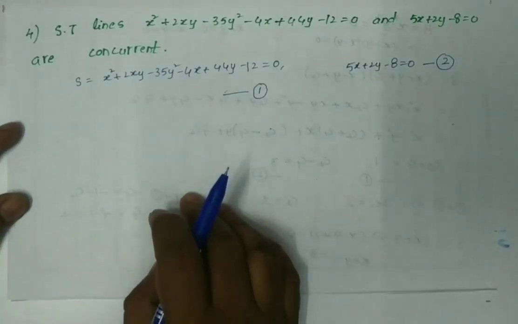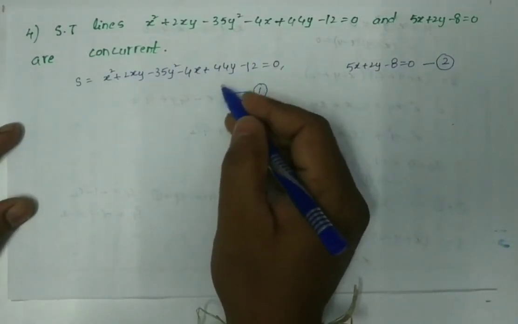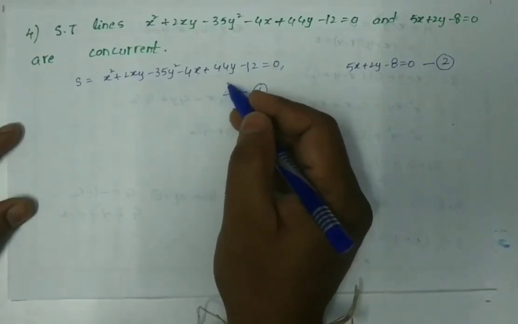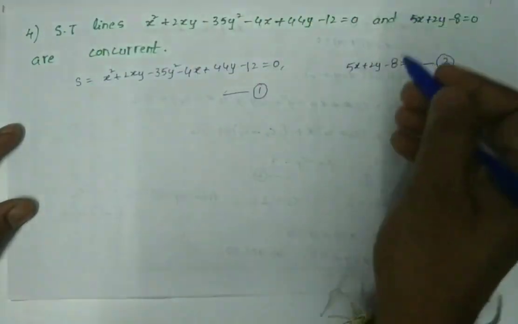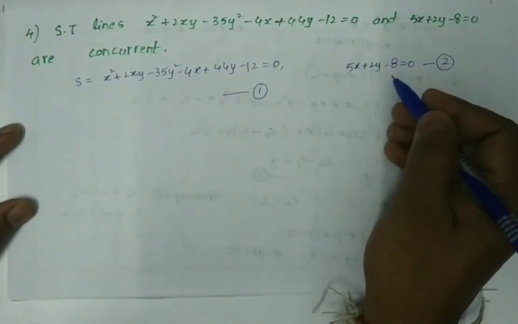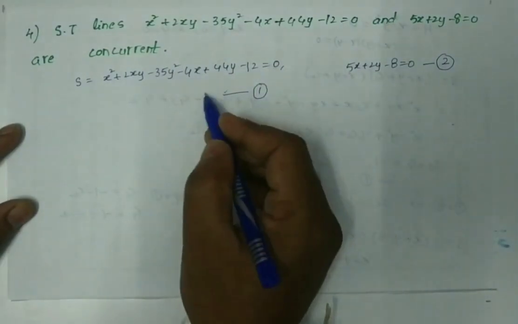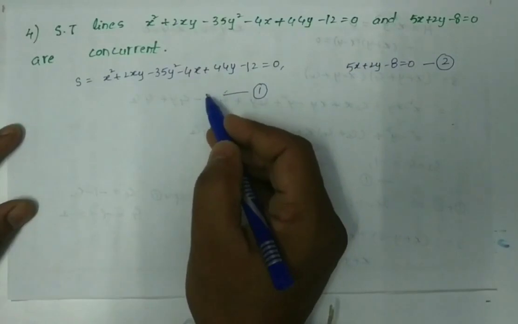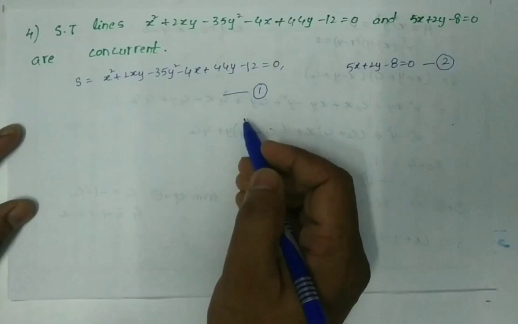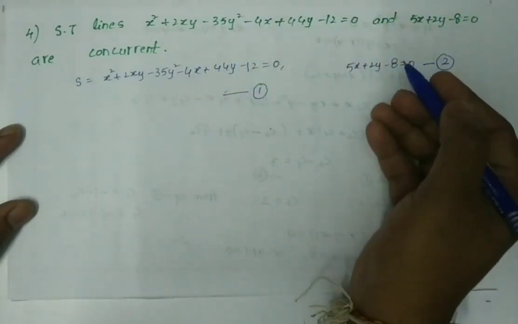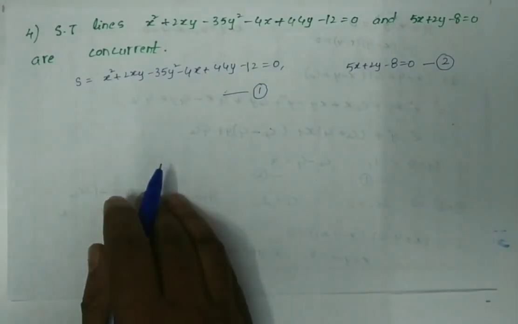Suppose we show that the point of intersection of the lines represented by the equation S is equal to 0 lies on the given line, then we can say that such lines are concurrent.